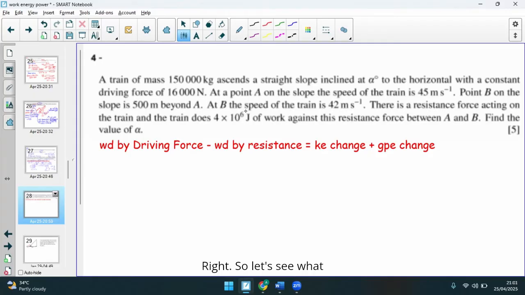Right, so let's see what we have here. We've got a train of mass 150,000. There's a driving force.